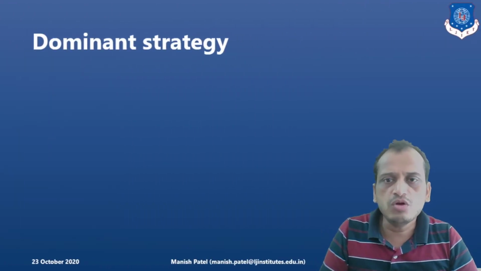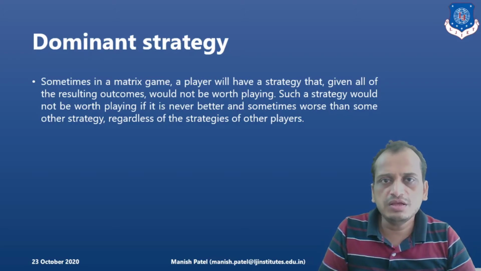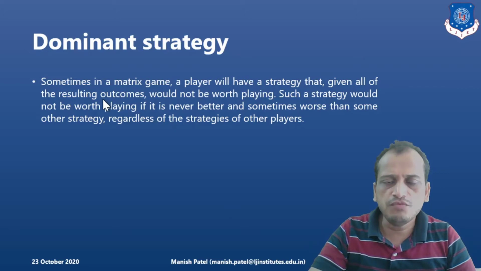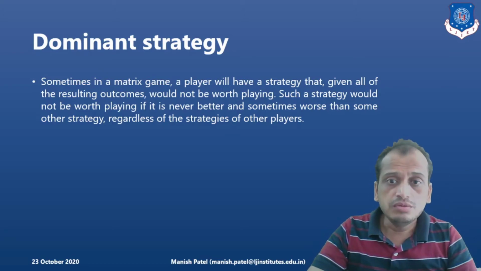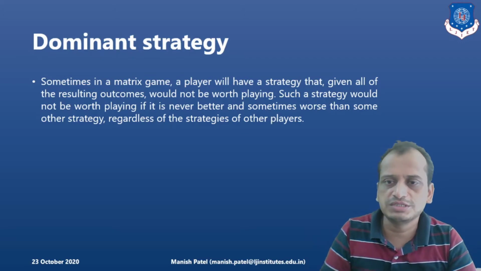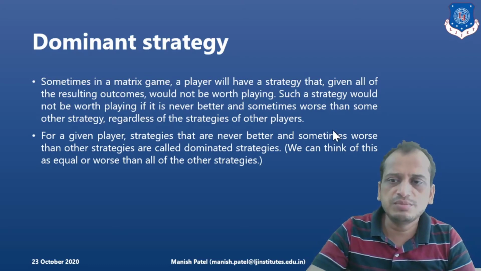So what do you mean by dominant strategy? If you talk about the game theory, in specific games, the player will have the strategy, right? Out of all the resulting outcome, not all are worth playing. Clear? Now, regardless of the strategies of the player, there are some better strategies or there are some worse strategies. Strategies that are never better, sometimes worse than other strategies are called dominated strategy.